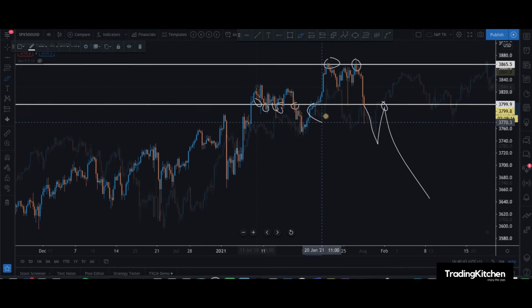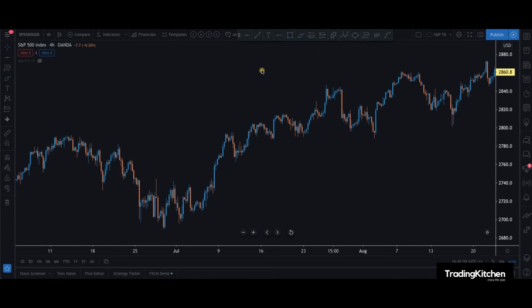As you can see here, another example, or maybe two or three more examples. This is a double top: one top, two top, neckline, and price goes down, breaks, goes down, and then retests the neckline.